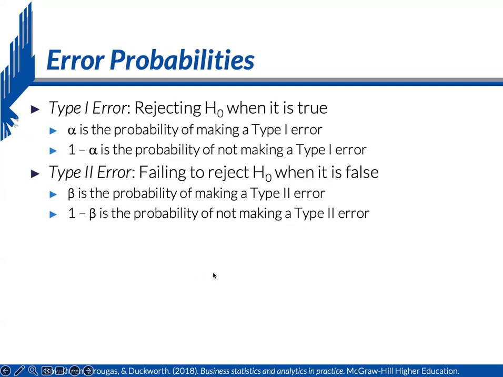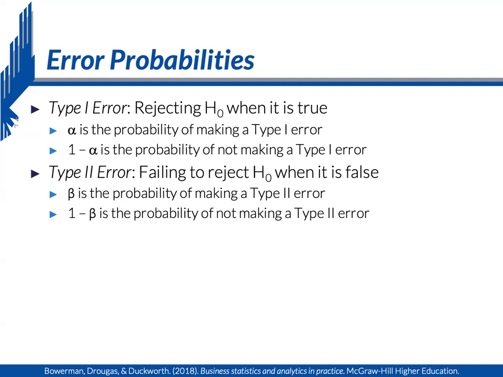Now, every time hypothesis testing is performed, there are always two possible errors that can be committed. Remember, hypothesis testing is an inferential statistics tool, which means that we are making inferences for the entire population, even if the data is only from a sample. And therefore, there is always a possibility that our generalization is incorrect.